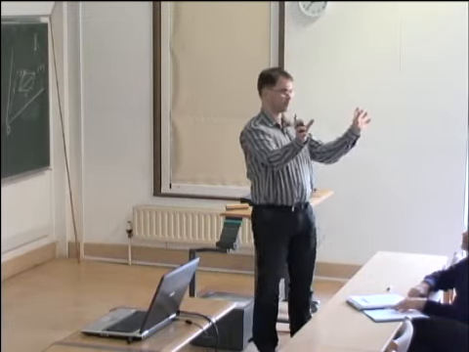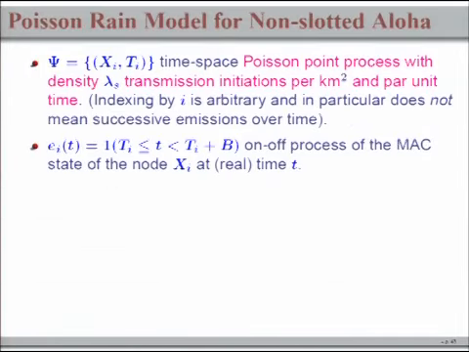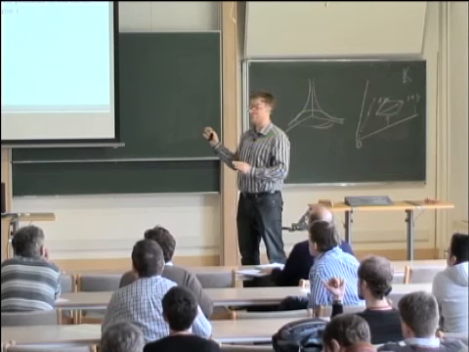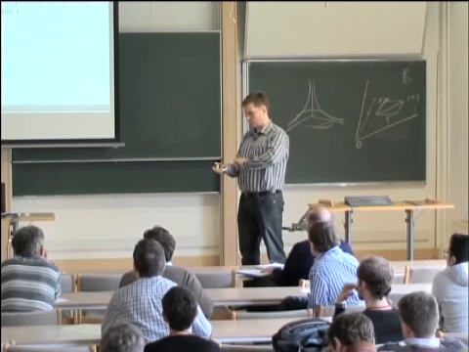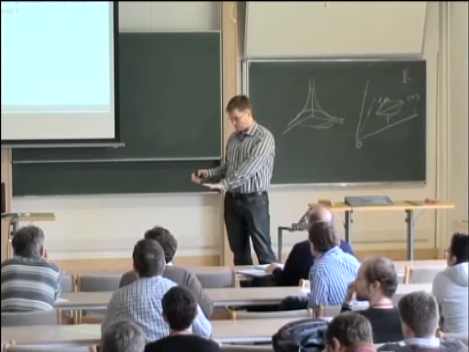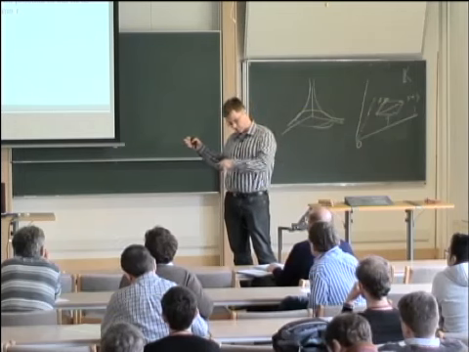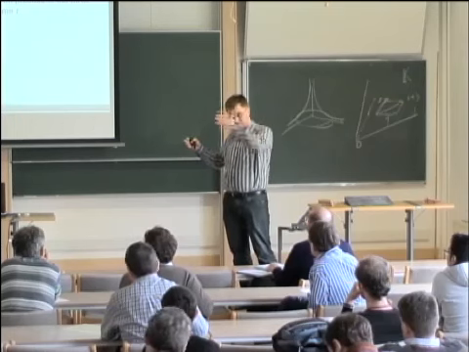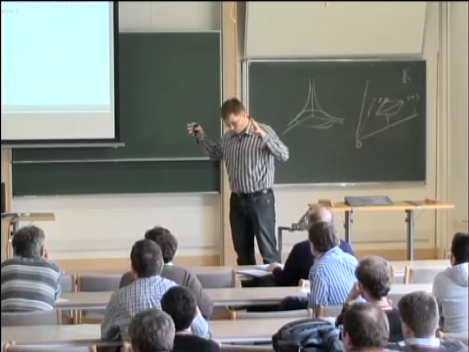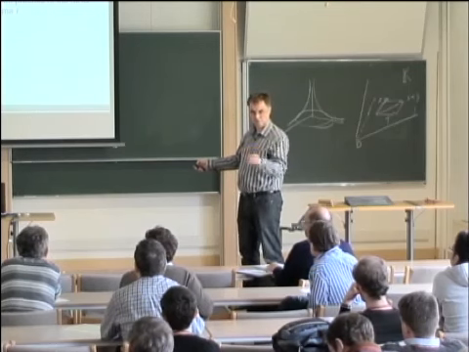Maybe the SNR at both of them is still acceptable. So the model that we have, the simplest one that we can invent, is, instead of taking a Poisson point process, since this model requires space and time dimension, consider a Poisson rain, which is a Poisson point process on space, or rather plane, times time dimension, and look at the points of this point process in the 3 dimensions, plane times time.